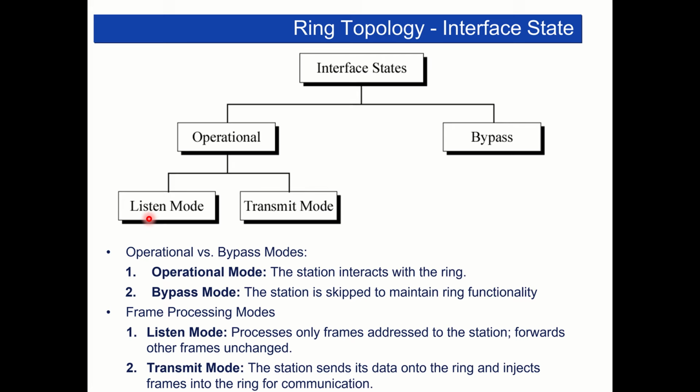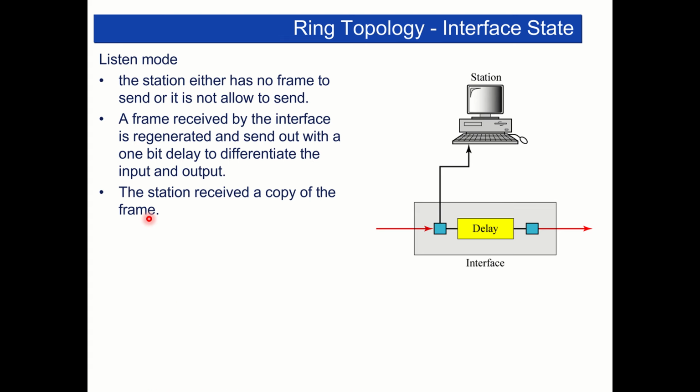Basically, listen mode is under operational, and the frame is still regenerated, but the station is not doing anything. The station either has no frame to send or is not allowed to send.